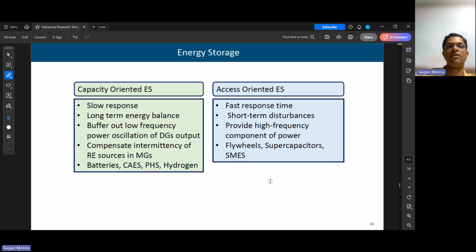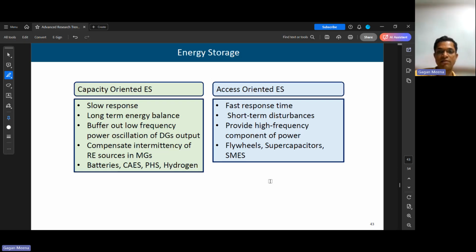Energy storage is of two types. One is capacity oriented energy storage, and one is access oriented energy storage. Access oriented energy storage has a fast response time, so it can be accessed very quickly. So they are important for addressing short-term disturbances.